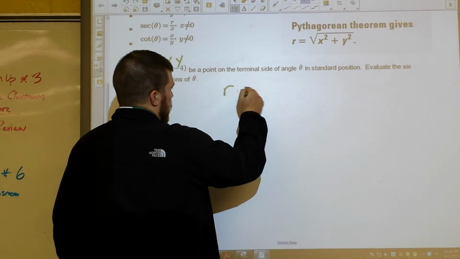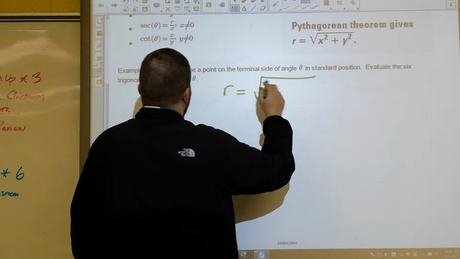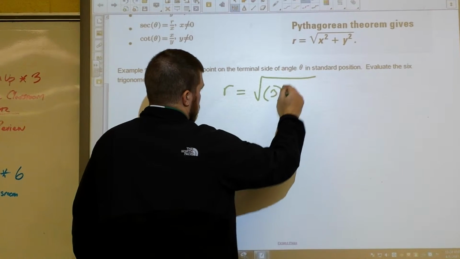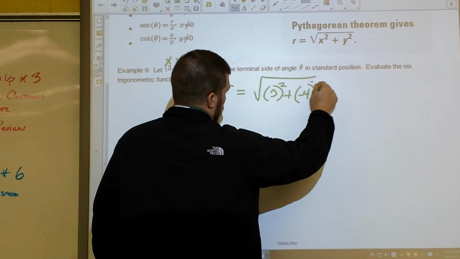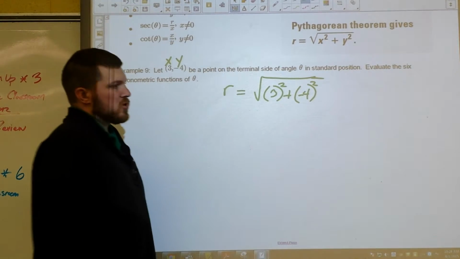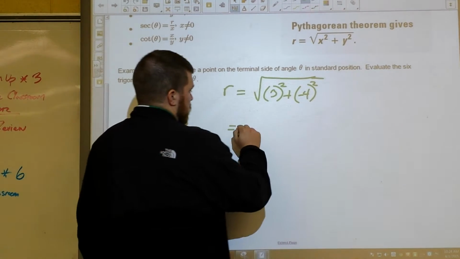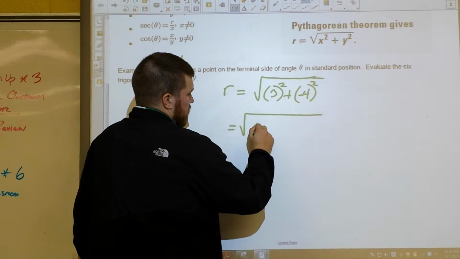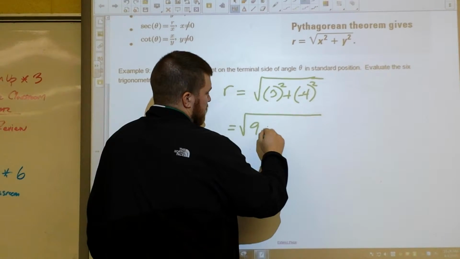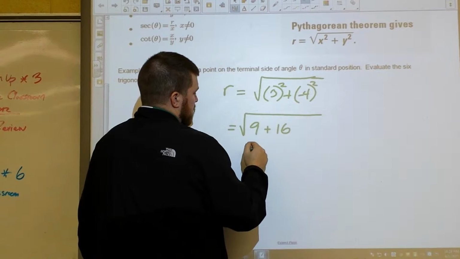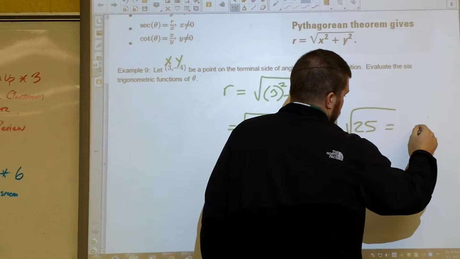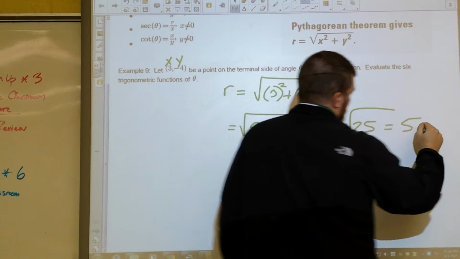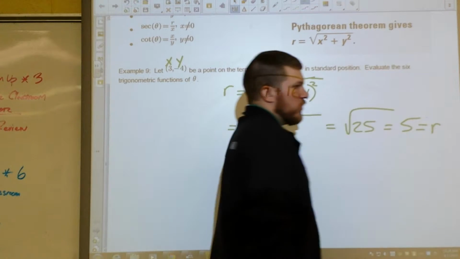So r equals the square root of x squared, so 3 squared, plus y squared, which was -4 squared. Cleaning this up, the square root is still there. 3 squared is 9. -4 squared is 16. I have the square root of 25, which is simply 5. So my radius is 5.